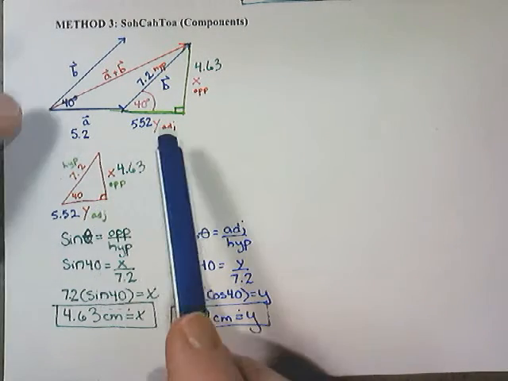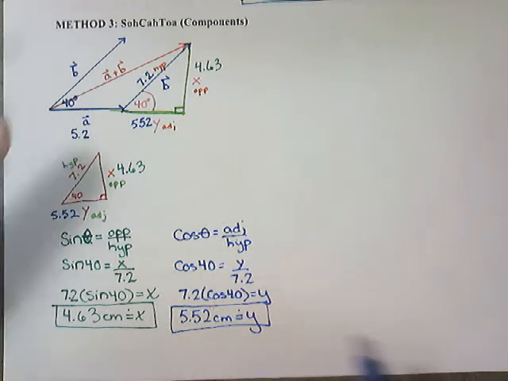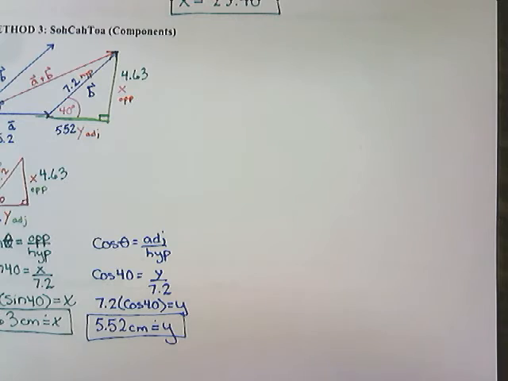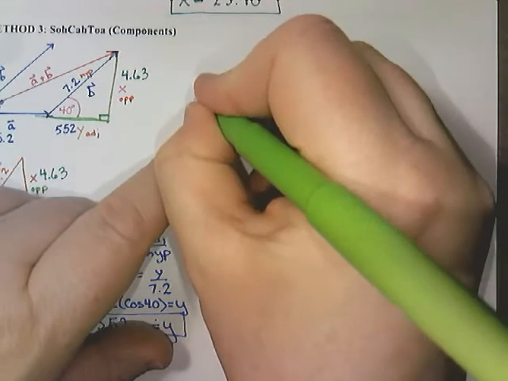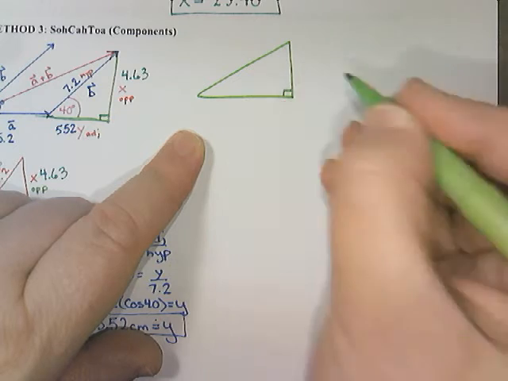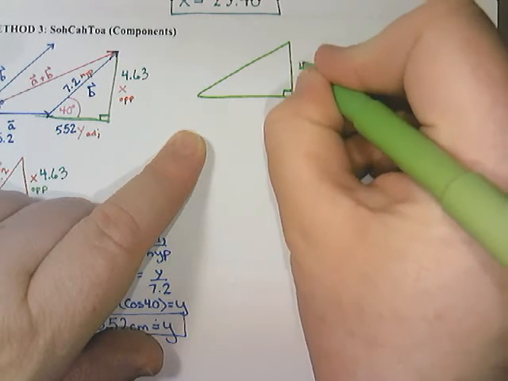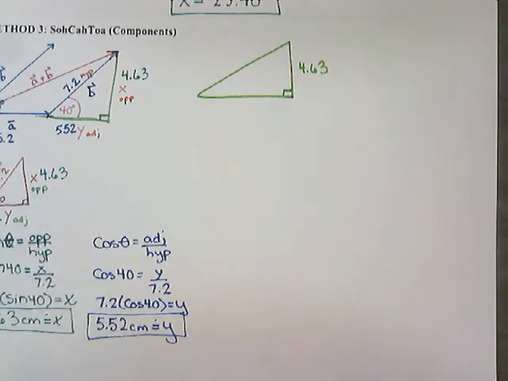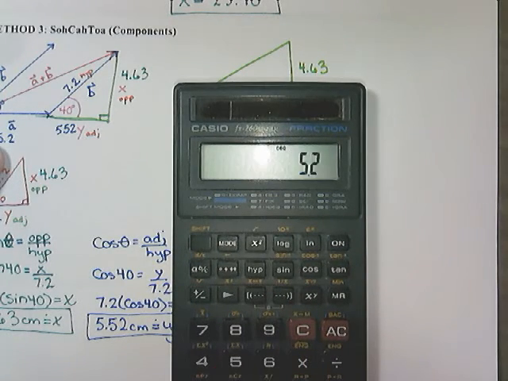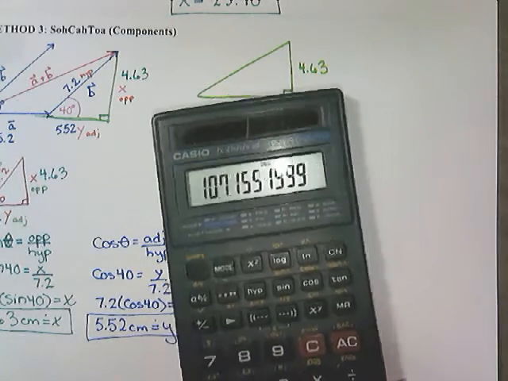So like I did here, I think I'm going to draw the big triangle just because it's easier for me to see what I'm doing if I do that. So over here, I'm just going to draw the big triangle. I know this is 4.63. Now the bottom is this plus 5.2, which is 10.72.